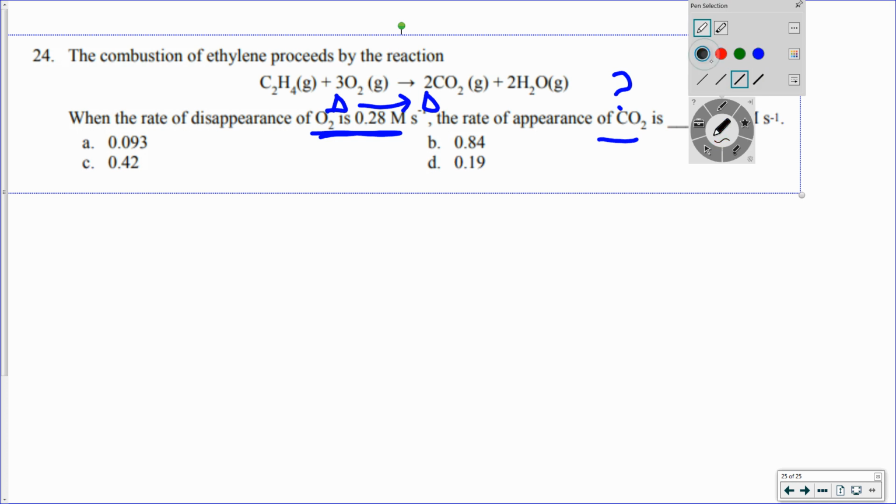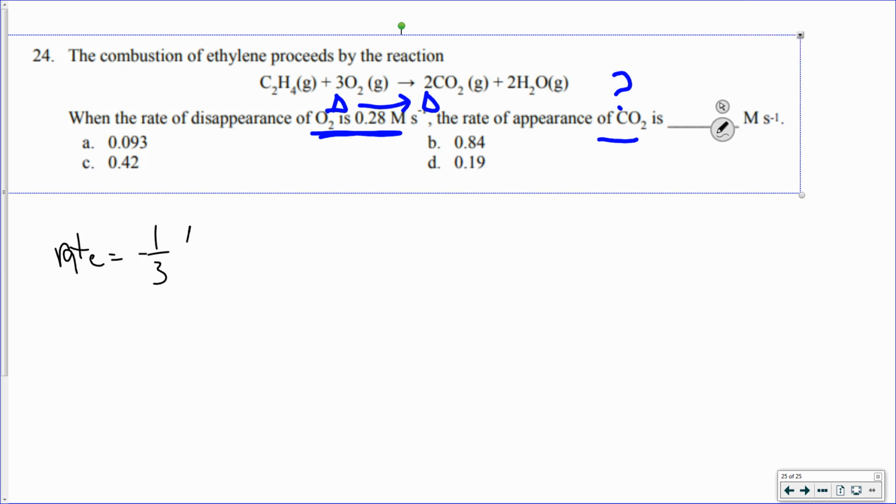Okay, so the rate for any of these things. If I write it for a reactant, it's going to be a minus 1/3 the change in concentration of O2 divided by the change in time. And this number is what I know.